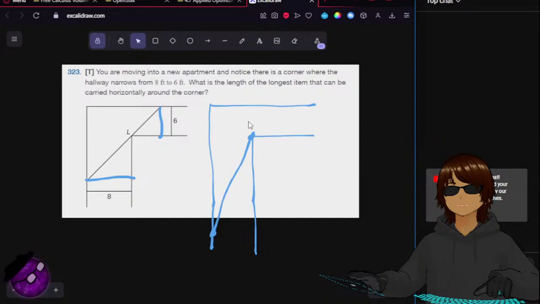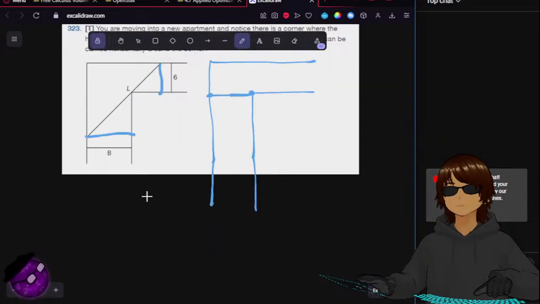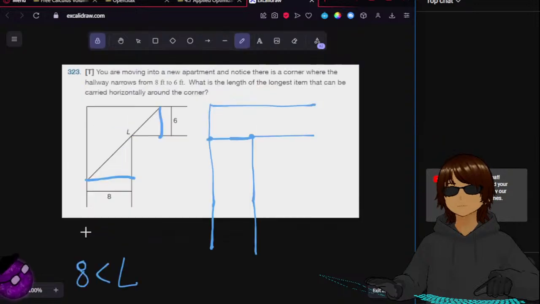Because what I'm thinking, whatever the length L is, if it can't reach, L is finding the maximum length, right? Okay, so let's say it's at least 8.